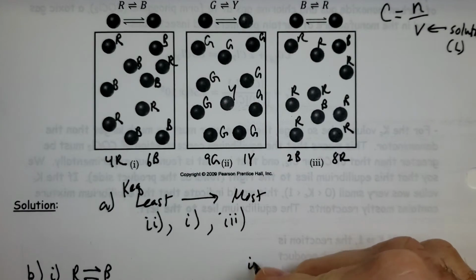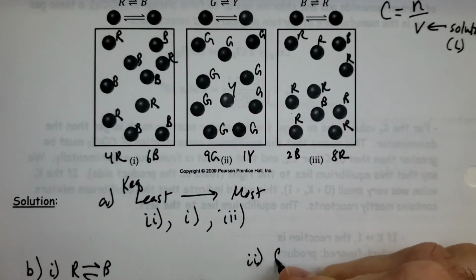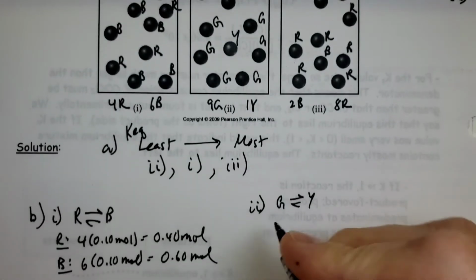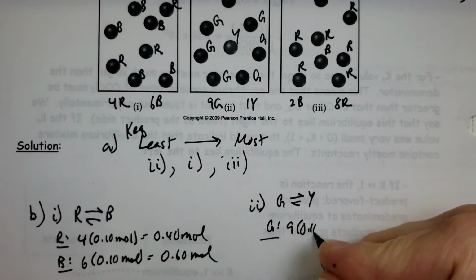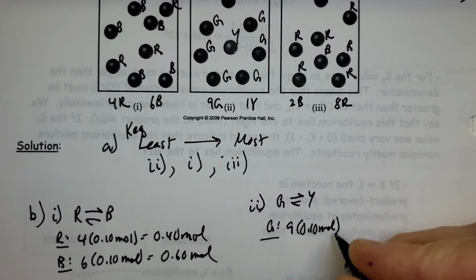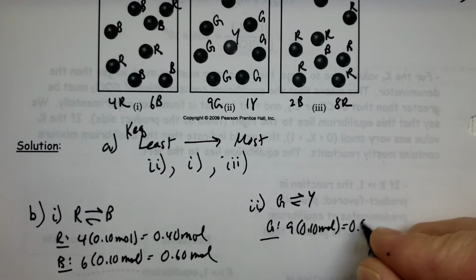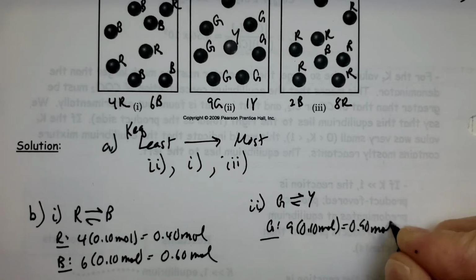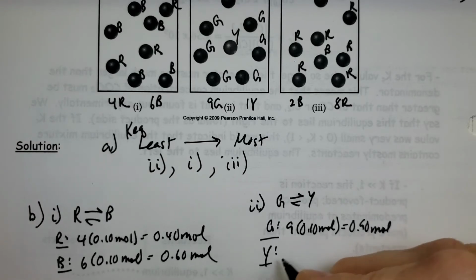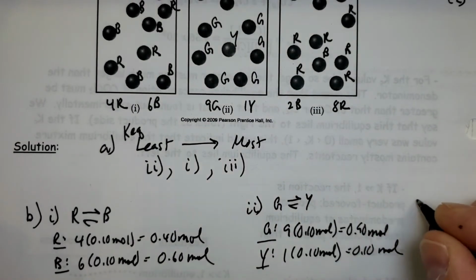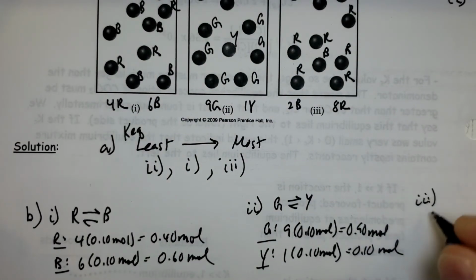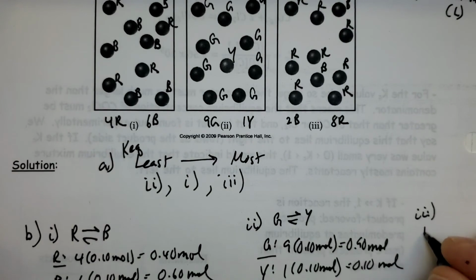I might as well. If I'm looking at number 2 here, green to yellow. So green, we have 9 of them, and each sphere, we're told again, is 0.1 mole. And yellow, of course, you can see what's going to happen here. If you look at 3 here, kind of running out of room here, it's blue going to red.